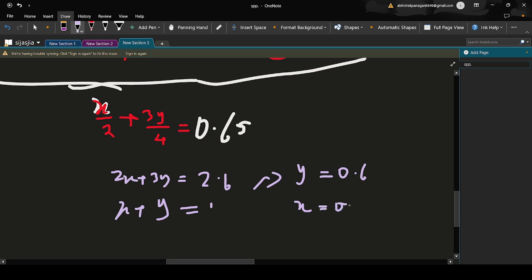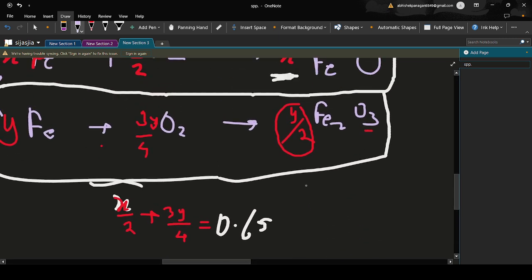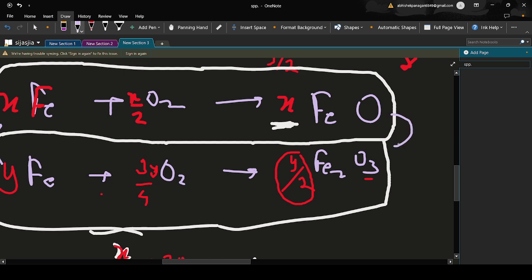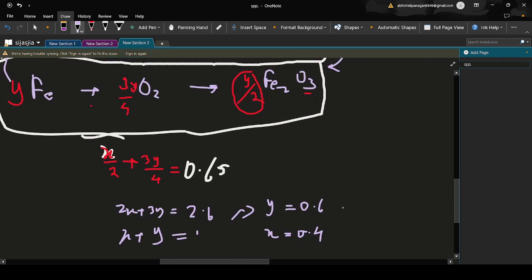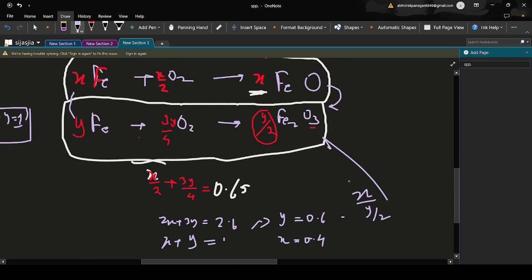And they ask us to find the ratio of FeO and Fe2O3, which is producing 0.6 by 2. Basically they're asking us x by y by 2. That's the mole ratio, right? As we interpreted from these equations.